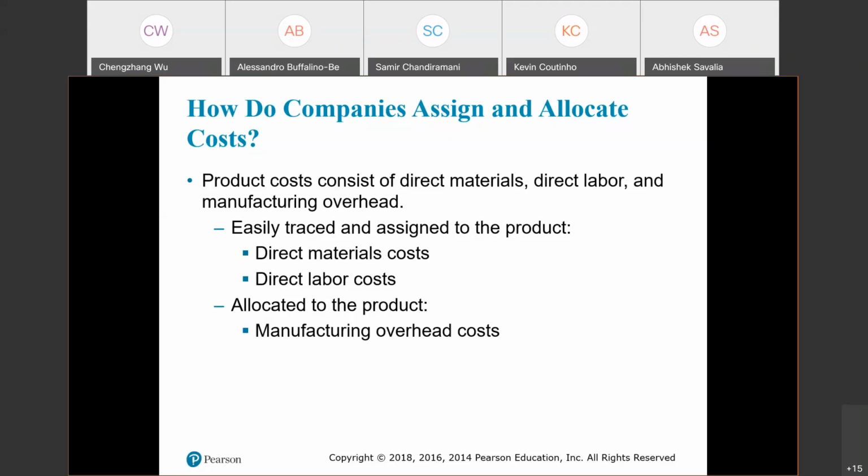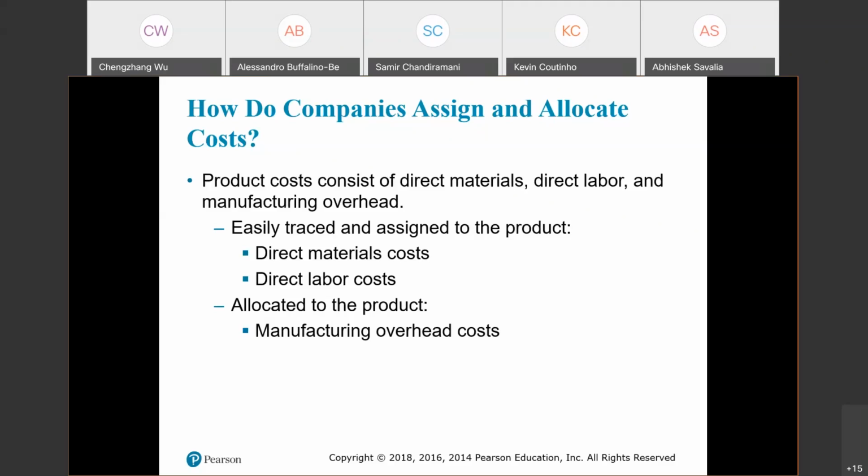So the most accurate overhead allocation can be made only when the total overhead costs are known, that is, until the end of the accounting period.